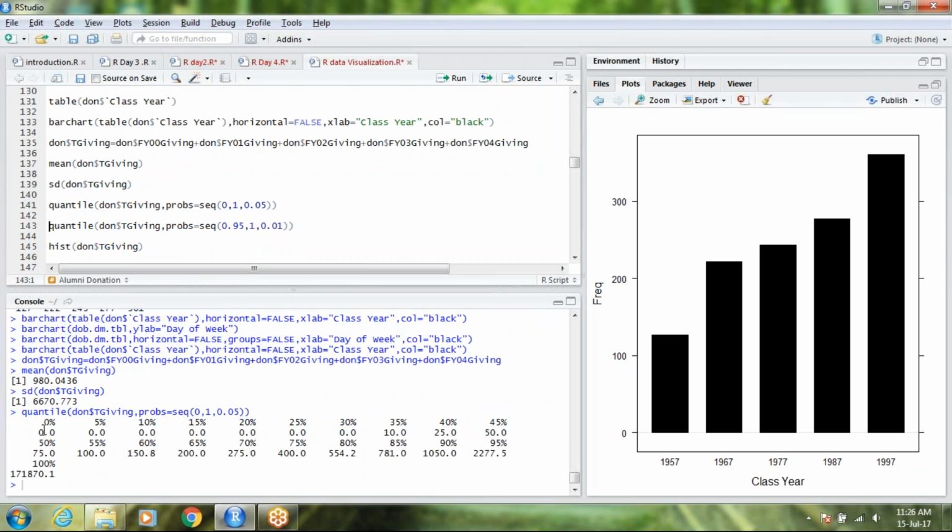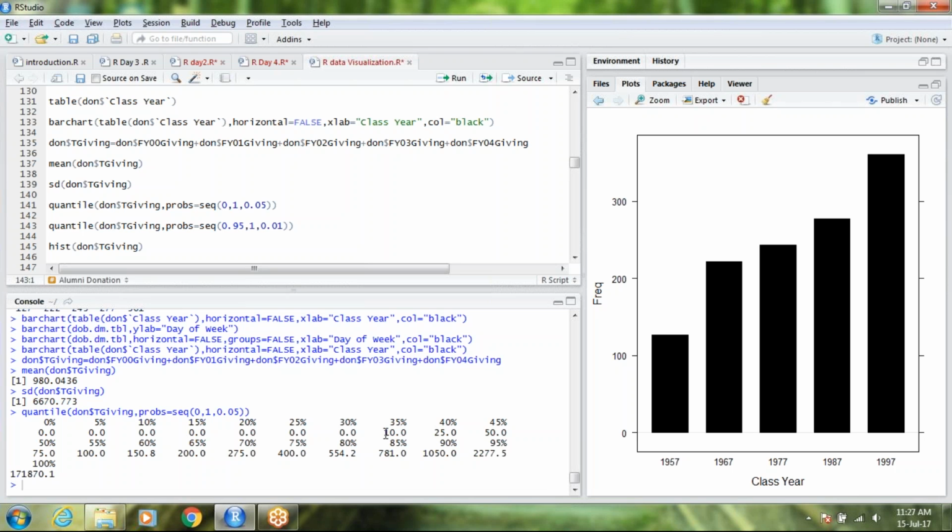So these are my quantiles. Here I have set a sequence starting from 0 to 1 and incremented by 5%, or 0.05. That's why my quantile is increasing by 5% every time. For the first, I don't have much of the values here.